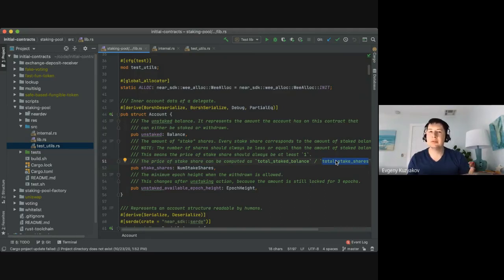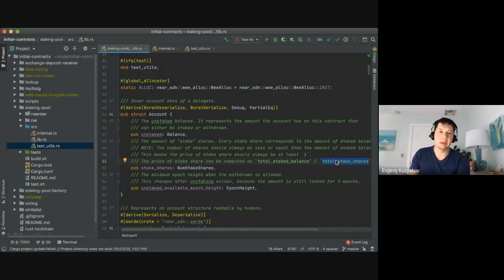So the example can be the following. Let's say you originally had 1 million NEAR deposited to this account. Let's say you get 1 million shares, ignoring the yoctoNEAR for now. Now, if the staking pool received 10,000 NEAR in reward, you still have 1 million shares, but these 1 million shares now correspond to 1,010,000 NEAR.